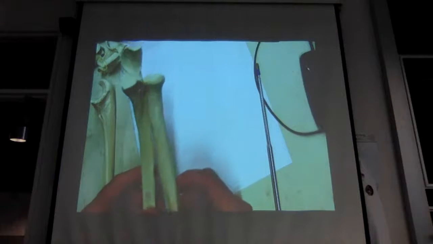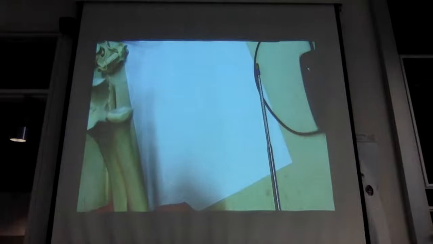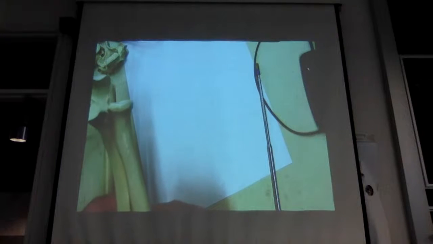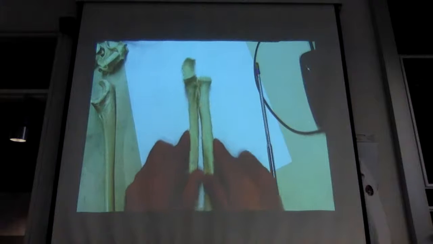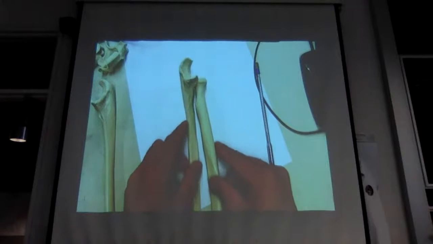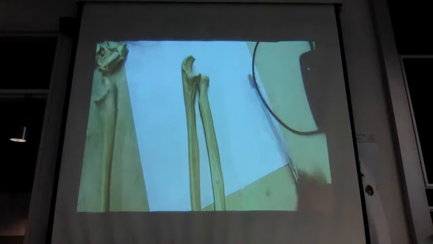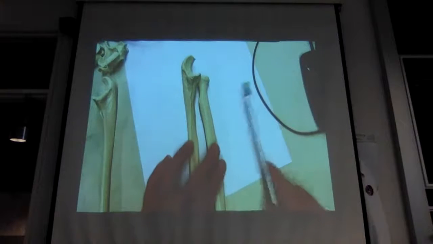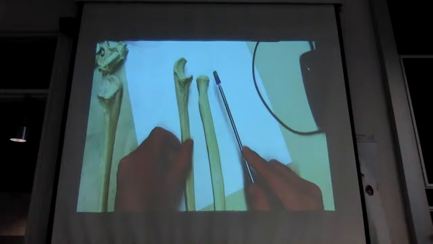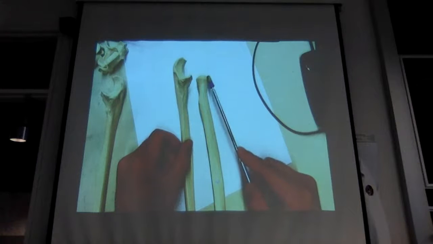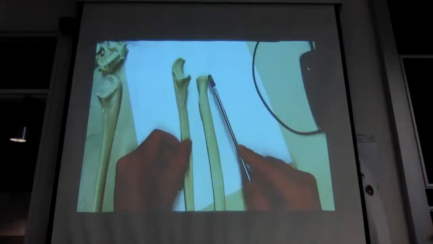Give me a second while I figure out the sides for these bones. This is perfect. Okay, cool. We have the radius and ulna here. The radius and ulna both have head regions. Proximally, the head of the radius is proximal.